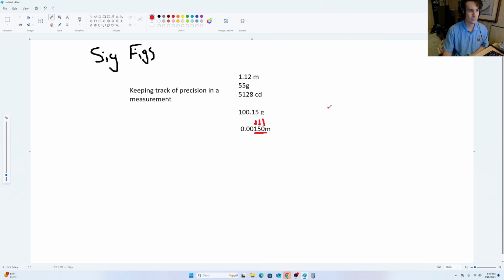If I said to you, how much do you weigh? And I say 192 pounds, right? That's 3 sig figs. Think about the difference between me saying this and me saying, oh, I weigh 192.000 pounds. If somebody said this to you, you'd be like, wow, you're really watching your weight, right? You're not just looking at the hundreds, the tens, and the ones.